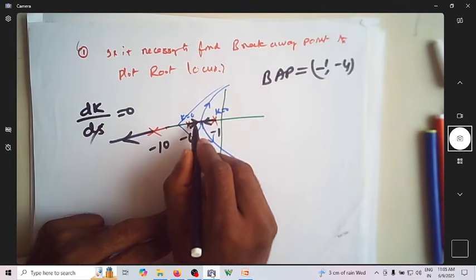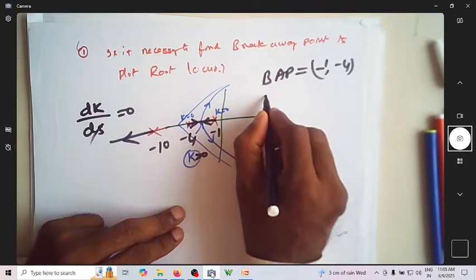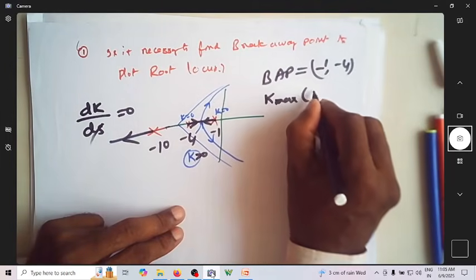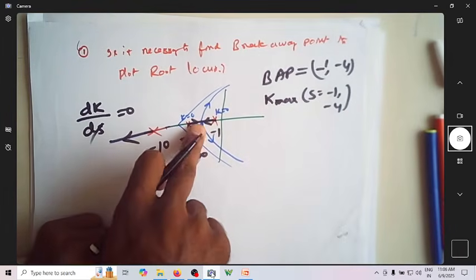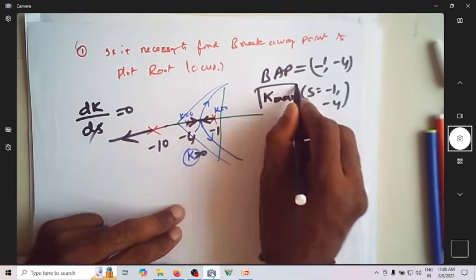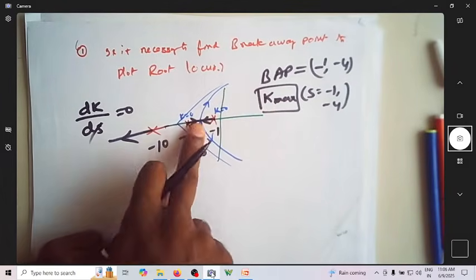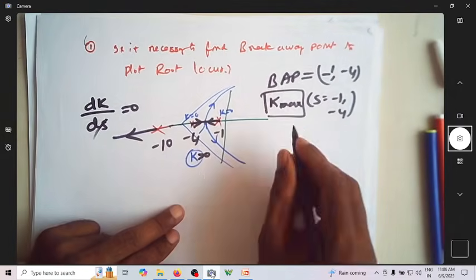That value of k will be the maximum on this part of the real axis. So you are looking for k max between s equal to -1 and -4, where the roots will meet. You are looking for that value of k which is maximum, so that the roots are repeating, overlapping here. That's what k max is.